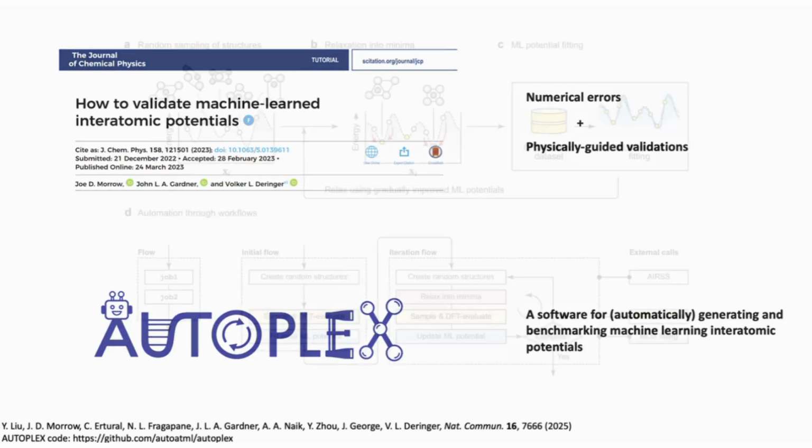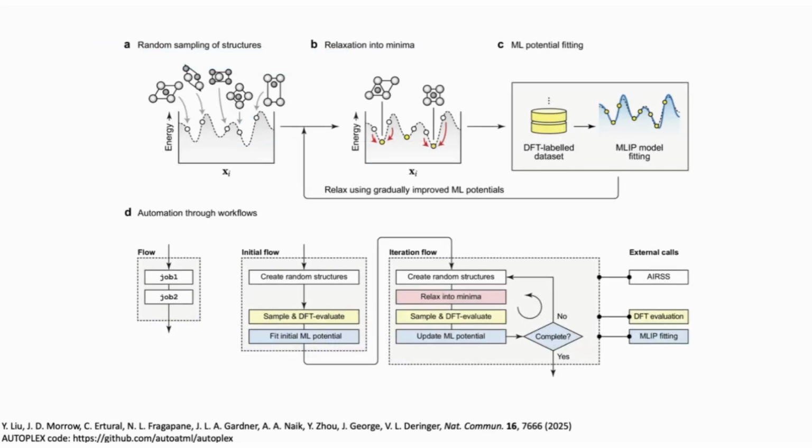I will again skip the technical details of how random structure search works in better sampling the structural and chemical space. We have fully released the code and we published the work, which shows many examples. Very naively speaking, you only need to press one button to get your first potential because everything is automated.